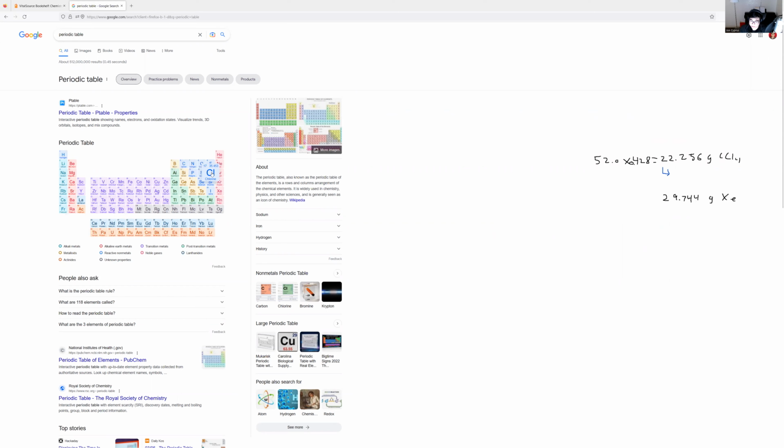I'm going to use 35.45. And there's 4 of them. So when you convert this into moles, you end up getting 0.145 moles, let's just do 3 sig figs. For the grams of xenon, to convert that into moles, you just divide by 131. So dividing it by 131, this is 0.227 moles.